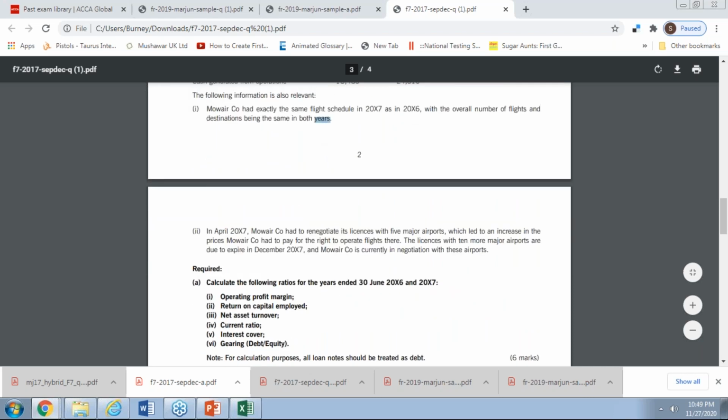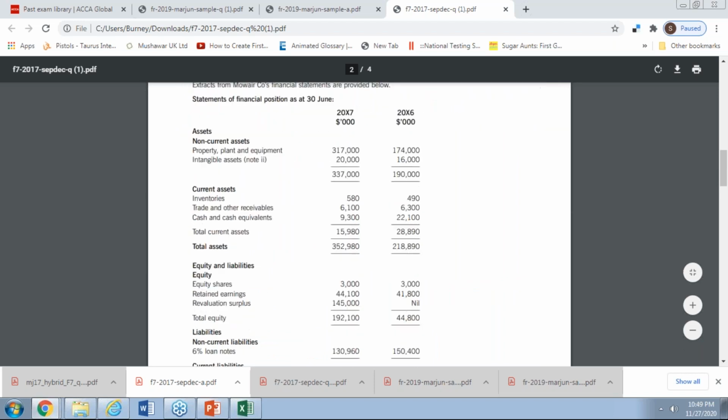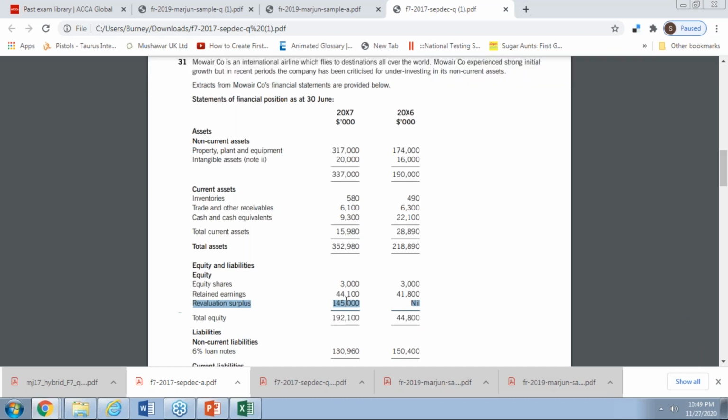So these are the hints. Up till now we have identified a few hints. The first hint is there is a revaluation which increases the overall equity and then definitely will reduce the asset turnover and ROCE. Secondly, there is a substantial reduction in the cash of the company. Company is not investing in non-current assets. This is the third point.